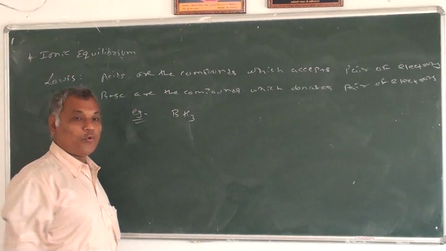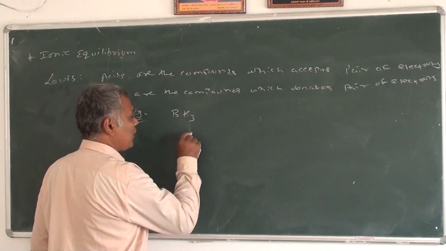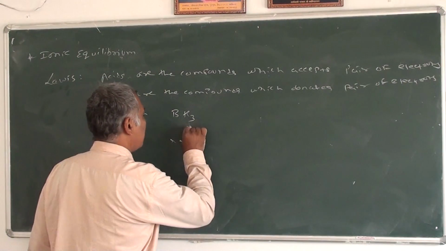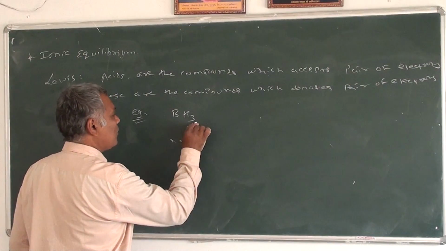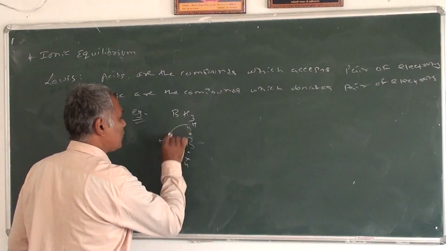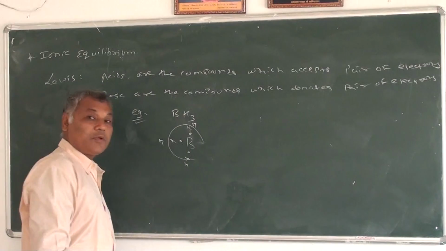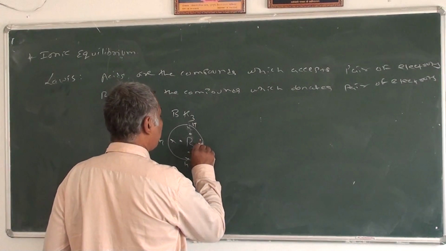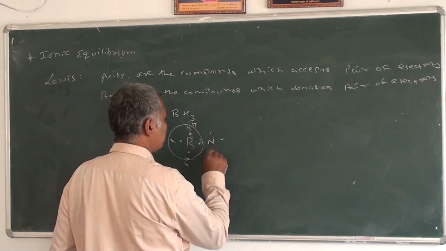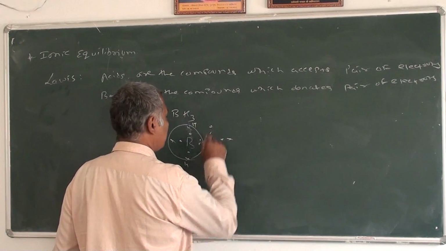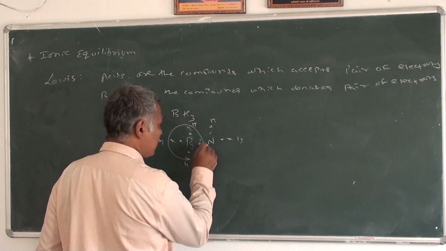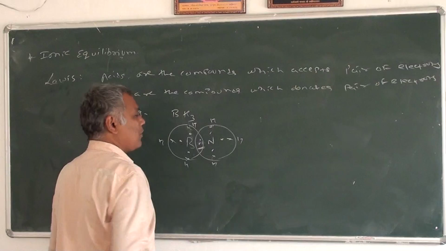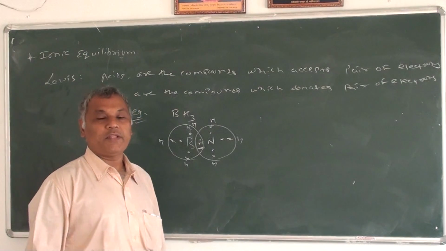A moment ago we took this as an example. BH3, boron. It has only 3 electrons in its outermost orbit. When it is sharing those 3 electrons, it will have only 6 electrons in its outermost orbit. Right? Deficiency of electrons. It gains a pair of electrons from the nitrogen. Nitrogen donates a pair of electrons. It's an electron pair donated by the nitrogen.